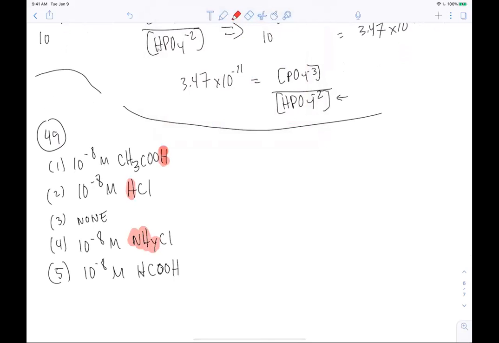Ammonium is acidic, it's NH4 plus, the protonated version of the amine or ammonia. And this is also acidic, that proton. These are all acids. So pH is going to be less than 1. If you had something in there like hydroxide or ammonia, not ammonium, you would expect a pH greater than 7.